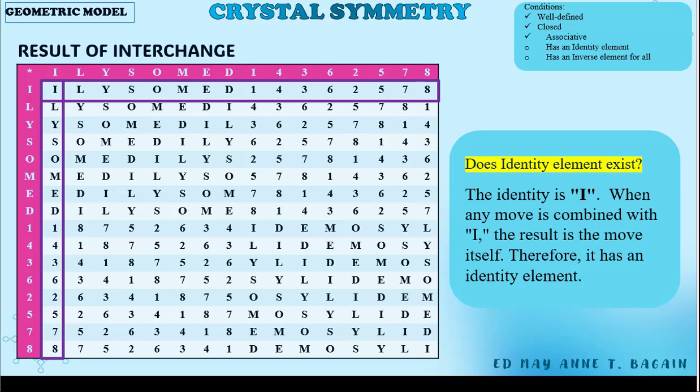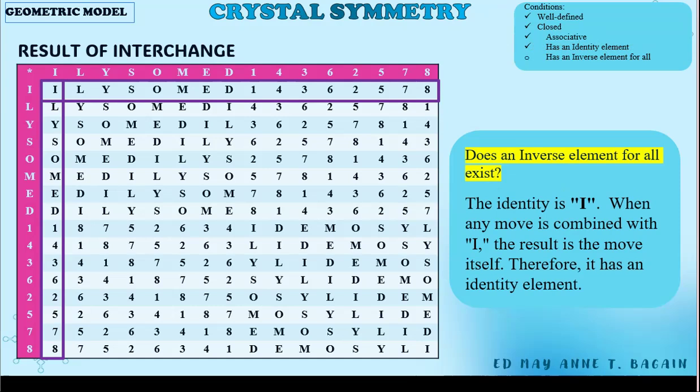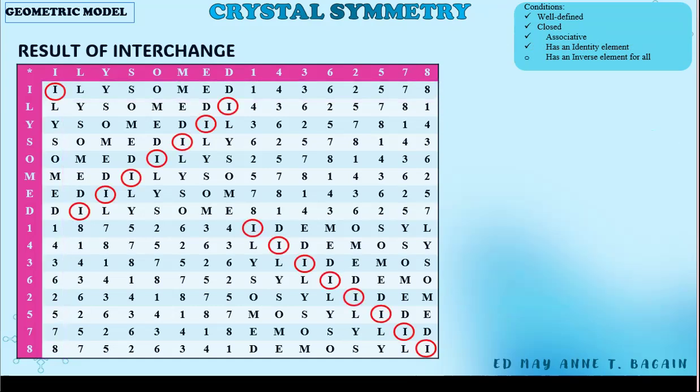So now let's check if it has an inverse element for all. Does an inverse element for all exist? That would be the question. Let's check.